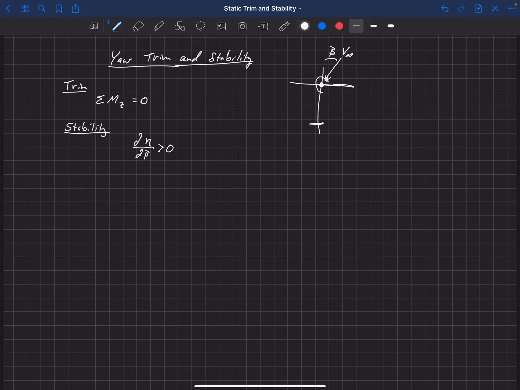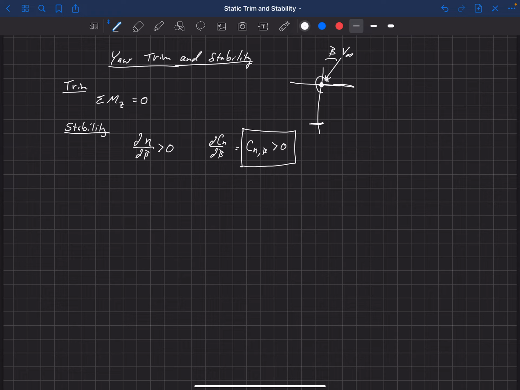And of course, we can write this in coefficient form, Cn with respect to beta, and we're going to call that Cn beta. The change in yawing moment coefficient with beta has to be greater than 0. Okay, so this is our yaw stability derivative and requirement in order for the aircraft to be stable in yaw.